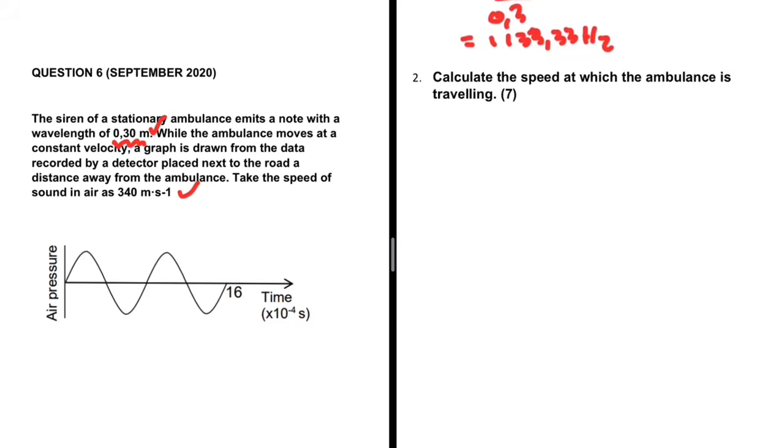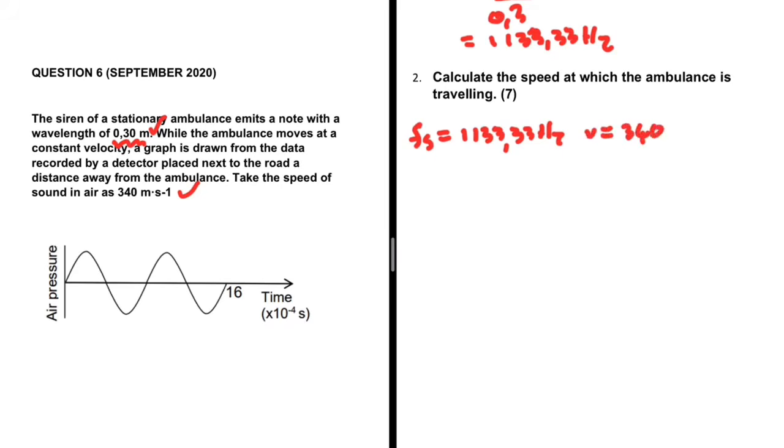Well, we know that the frequency emitted by the siren, FS, is 1,133.33 hertz.